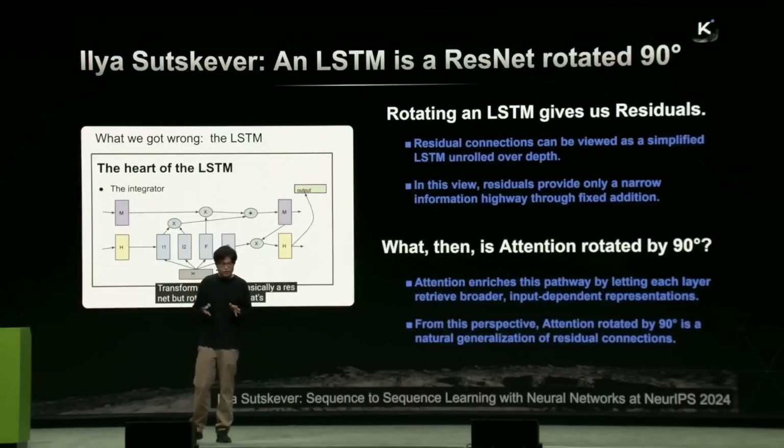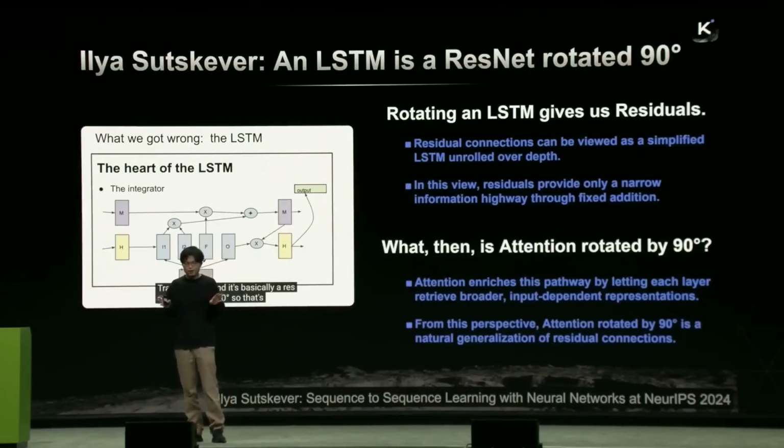The motivation is quite simple: can we take some of the techniques that we use in the temporal dimension, take some inspiration from them, and apply them to the depth dimension?